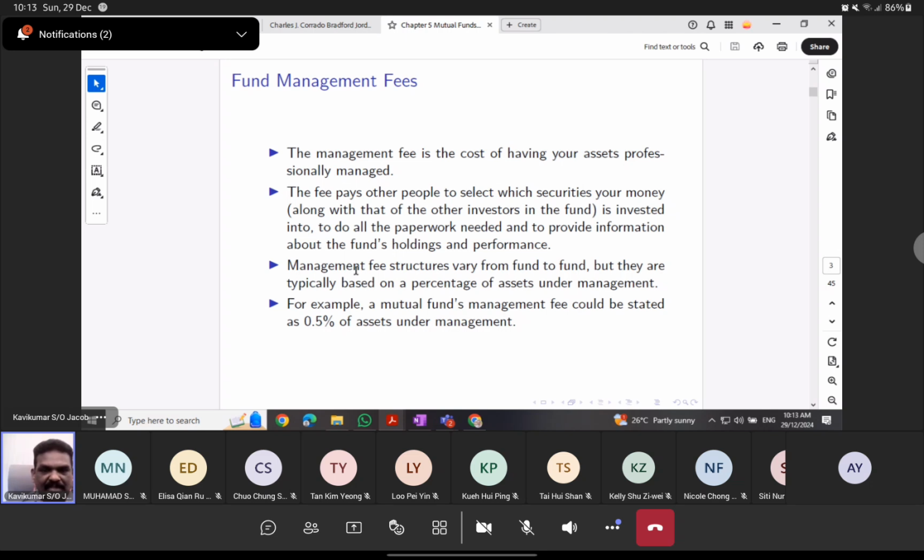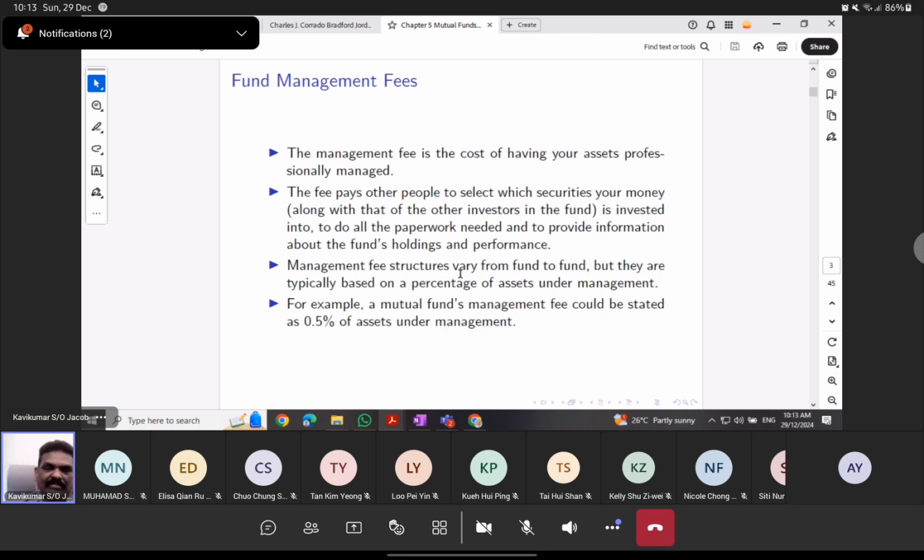The management fee structure varies from fund to fund, but typically it is based on a percentage of assets under management. Like I already mentioned, the building is managed by a certain group, and they have some fixed management fee.